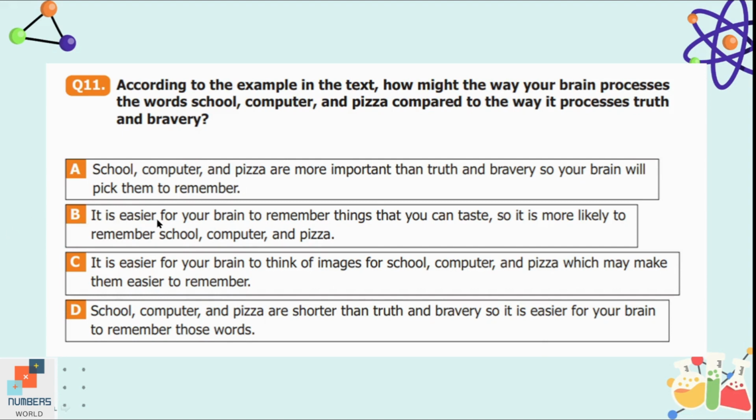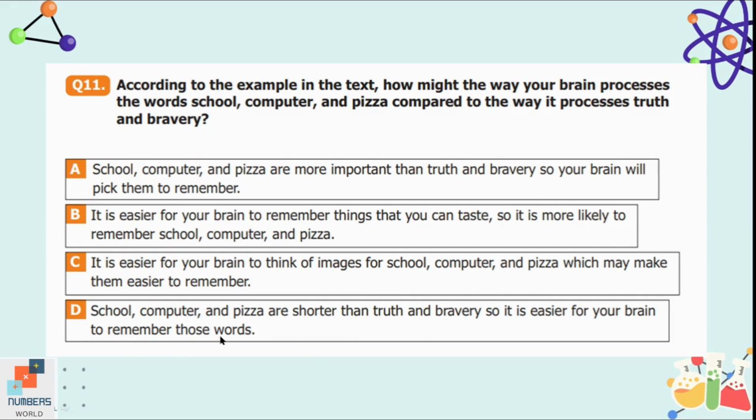Option B is it is easier for your brain to remember things that you can taste, so it is more likely to remember school, computer, and pizza. Option D is it is easier for your brain to think of images for school, computer, and pizza, which may make them easier to remember. And the last option is school, computer, and visa are shorter than truth and bravery, so it is easier for your brain to remember those words.